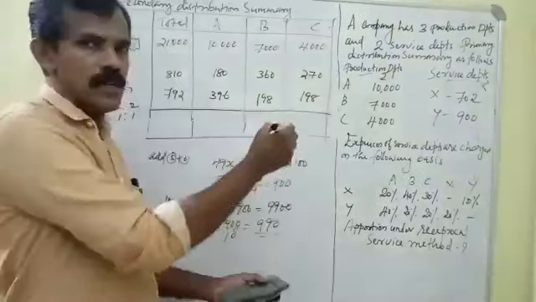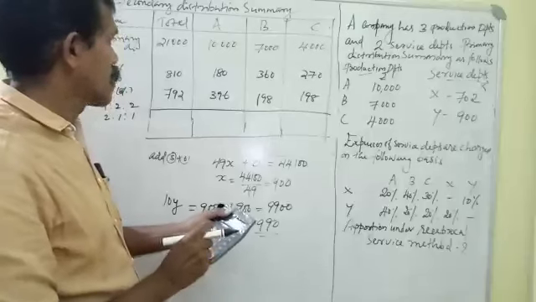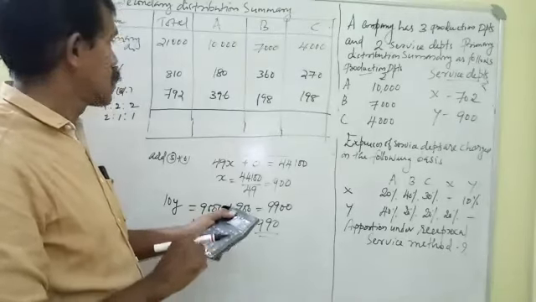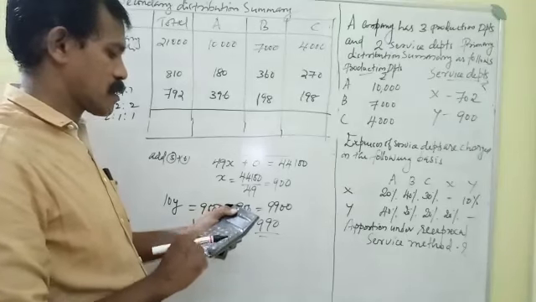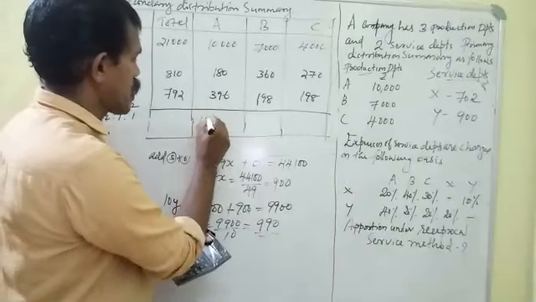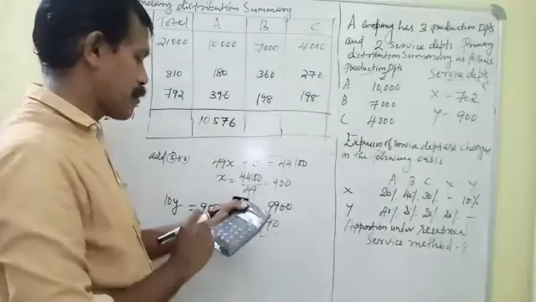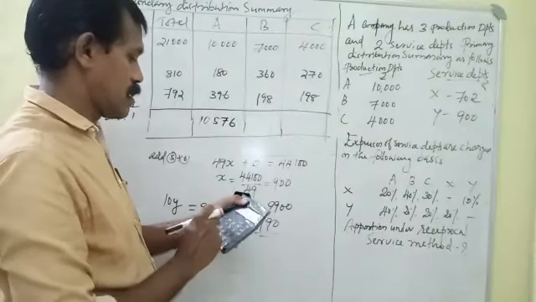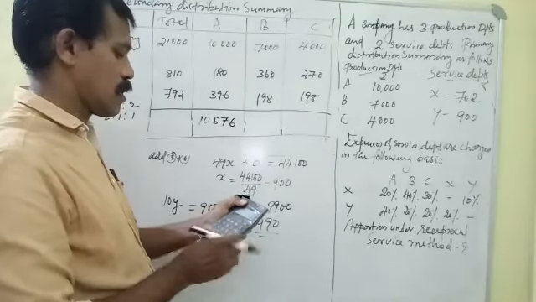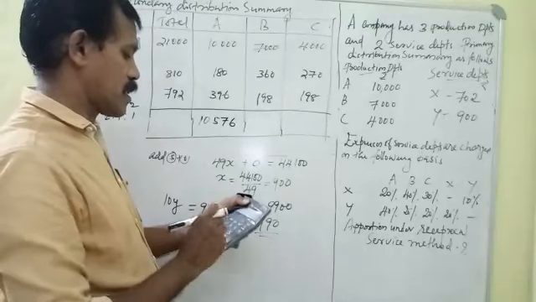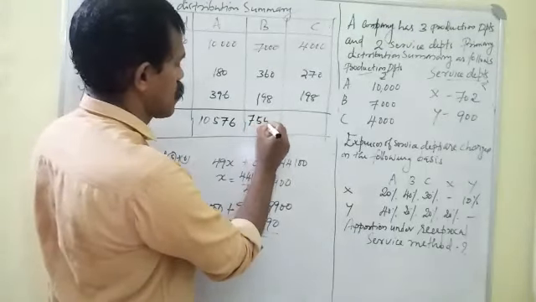I distributed it. Then we find out the total department A: 10,000 plus 180 plus 396, that is equal to 10,576. Then for department B: 7,000 plus 360 plus 198, that is equal to 7,558.